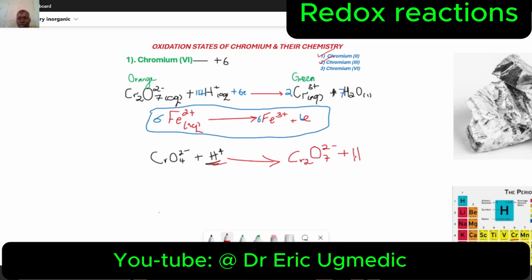So they can tell you that to the resultant solution, add this solution containing iron 2 ions and state the observation. So you must know all these color changes, that you have your yellow solution turning orange. And then from the orange, the reactions that follow, you know what happens, orange to green, or if there is a color that covers this orange, then you can see something else, as we shall see again.